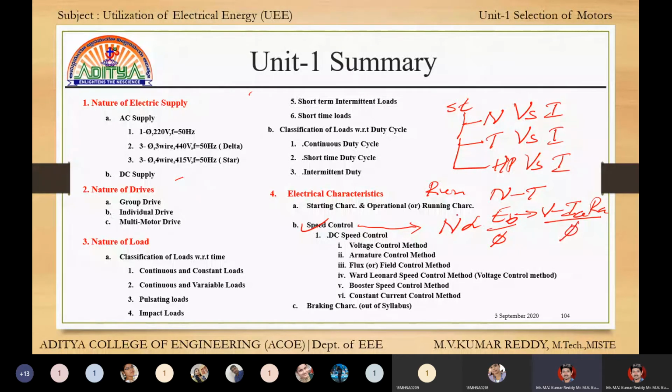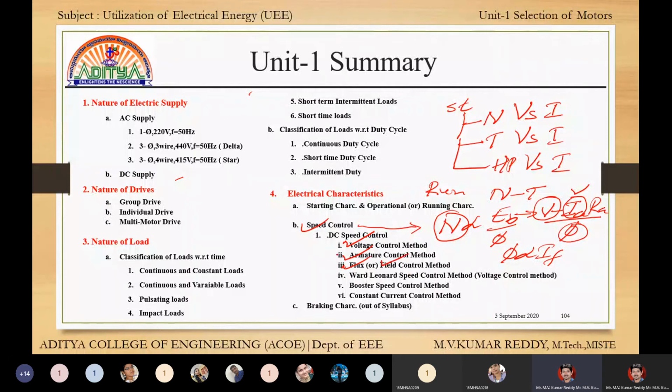Hence, speed depends upon three factors: variable voltage, variable armature current, and variable flux. Whenever voltage is varied, it is called the voltage control method. Whenever armature current is varied, it is called the armature control method. Whenever flux is varied, it is called the flux control method. Flux is directly proportional to field current, hence it is also called the field control method.